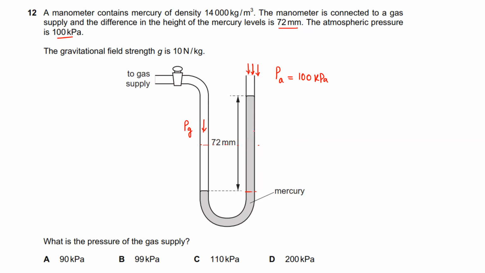So let's find out the pressure exerted by the mercury column. The overall pressure of gas will be equal to PA plus the pressure of the mercury column.